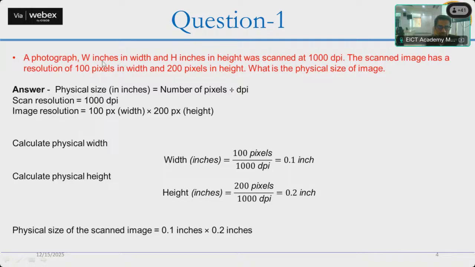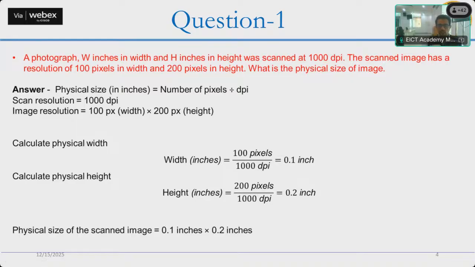It is given that it is 100 pixels in width and 200 pixels in height. What is the physical size of the image? If you look very carefully at this question, nowhere do we measure things in inches of height, but it is indirectly given in the form of pixels. So the physical size is in pixels per inch.